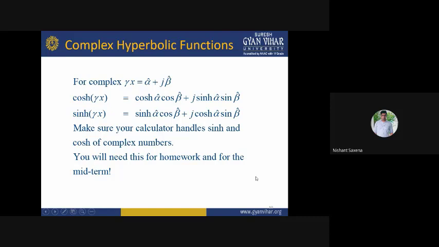So we have to go through these equations. Now look at this.